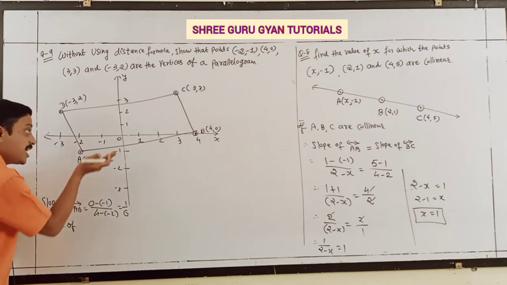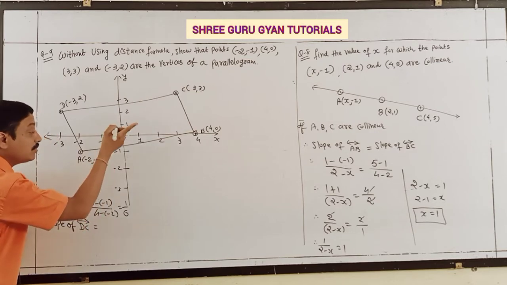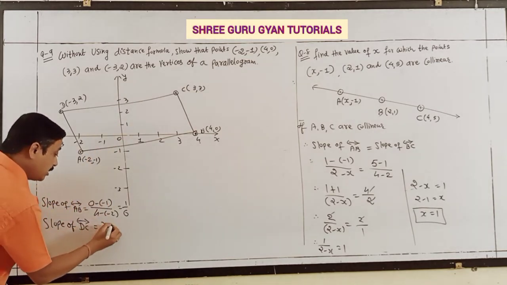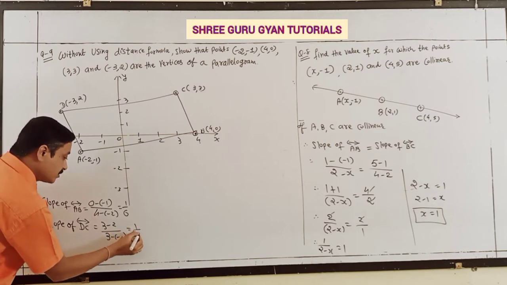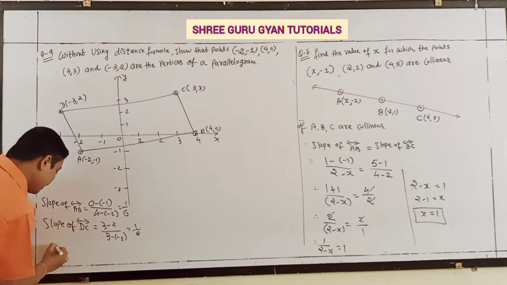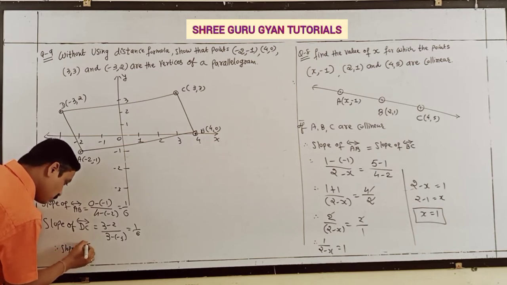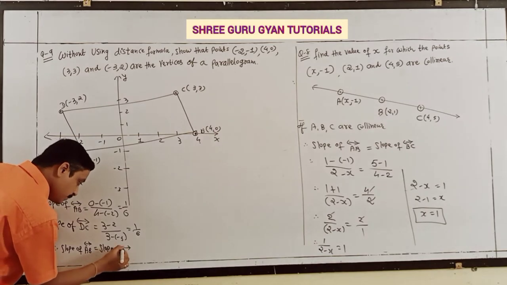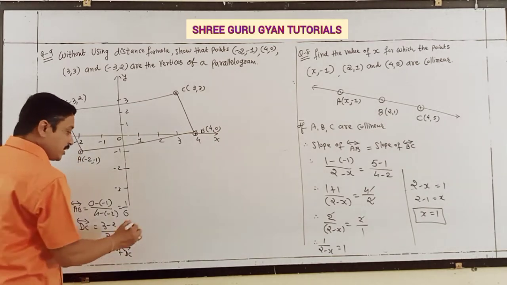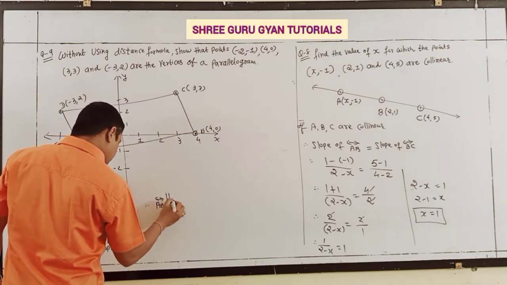Slope of the parallel DC, D to C apply, or C to D apply. 3 minus 2 by 3 minus -3. Same, it is equal. Therefore, slope of AB is equal to slope of DC. It means, students, you can confidently say AB is parallel to DC.